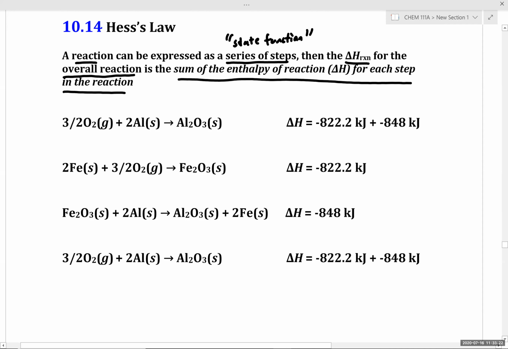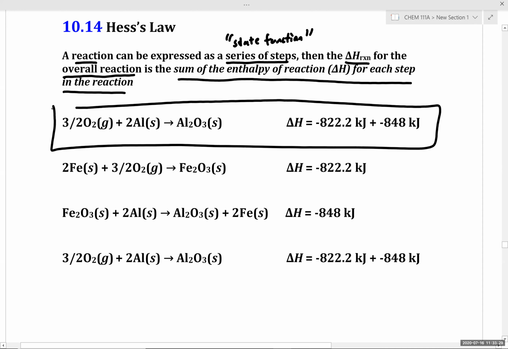Let's pretend we wanted to know the enthalpy of the following reaction. We can think of this reaction as a series of discrete steps. So this would be step 1, this would be step 2.